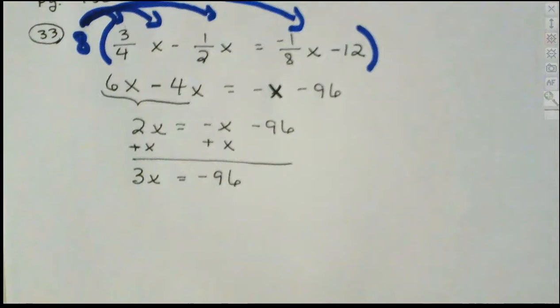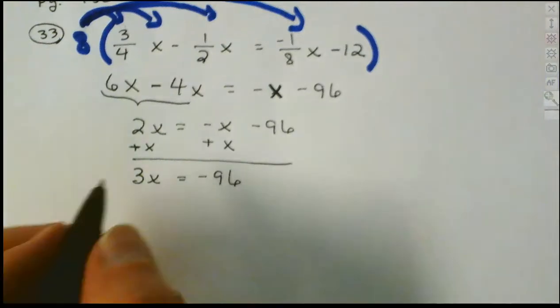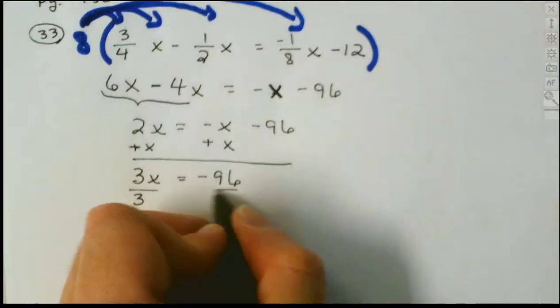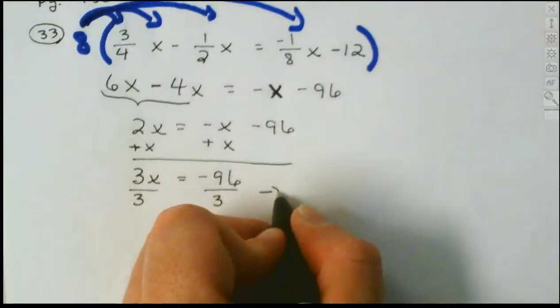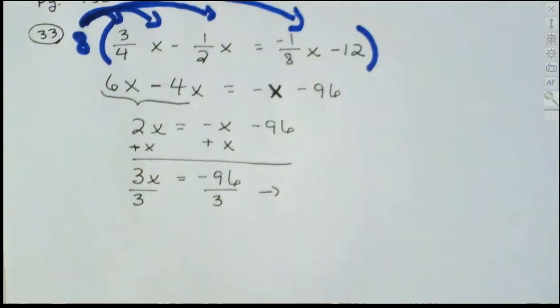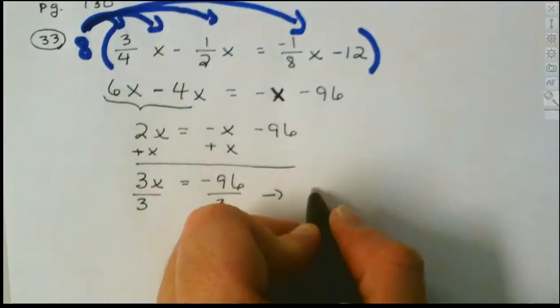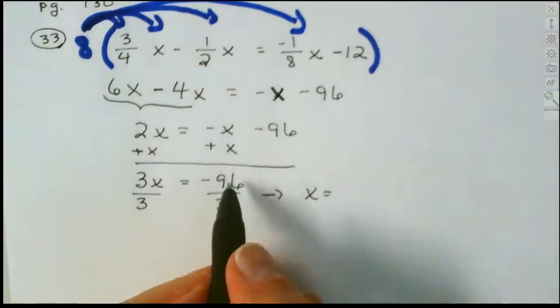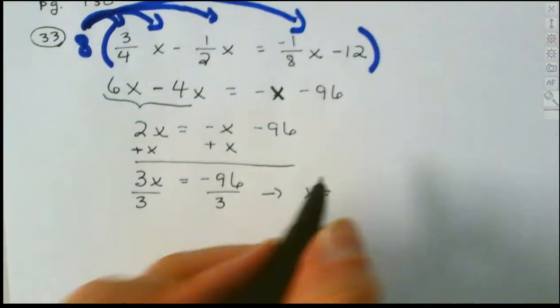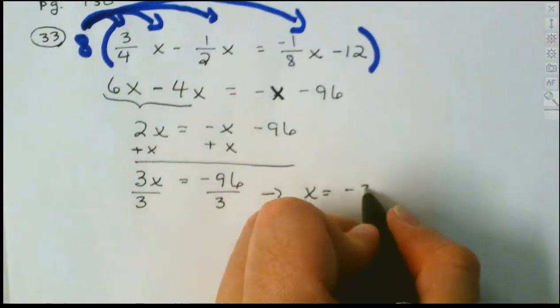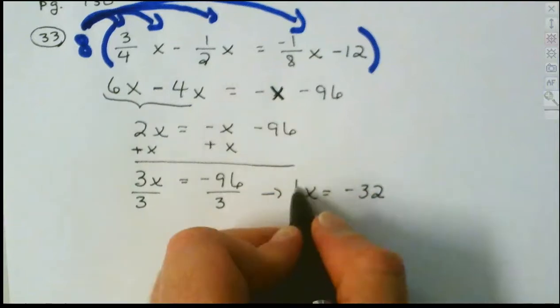Last thing we always do is our division. So we're going to divide by 3. And let's see, does 96 evenly divide by 3? I think it does. Yep. And that's going to give you, watch your signs here, negative over positive makes it a negative. And that's going to be a negative 32.